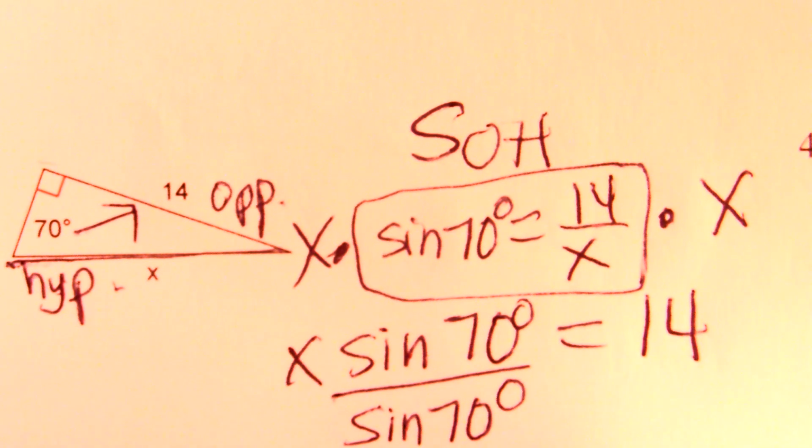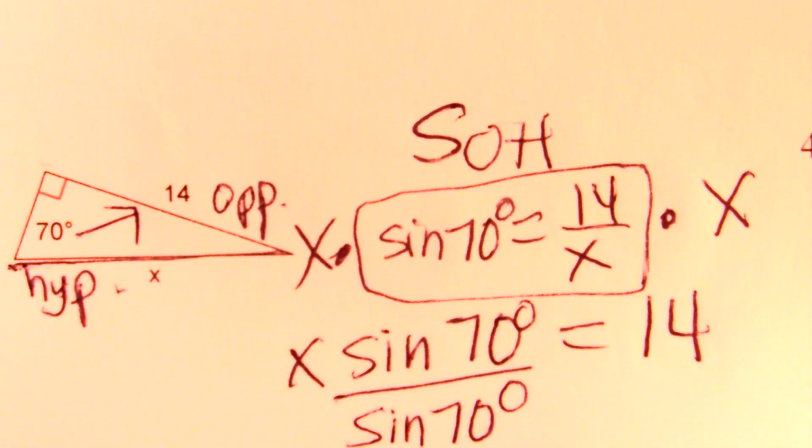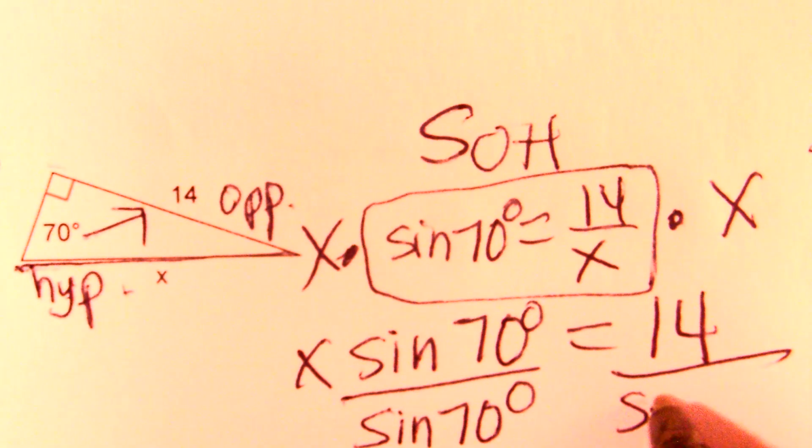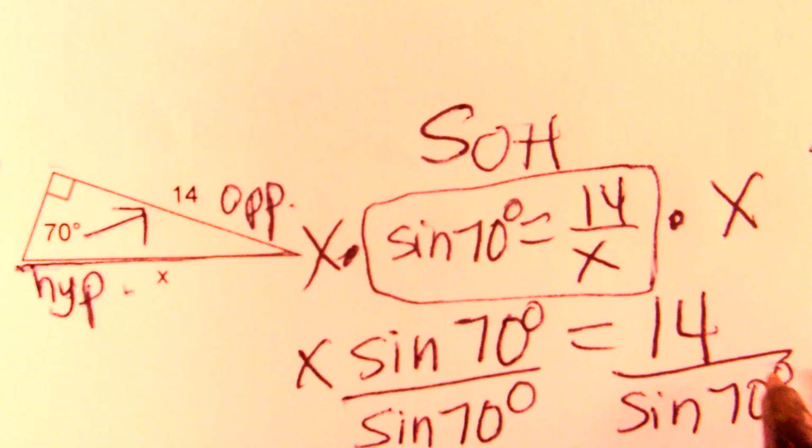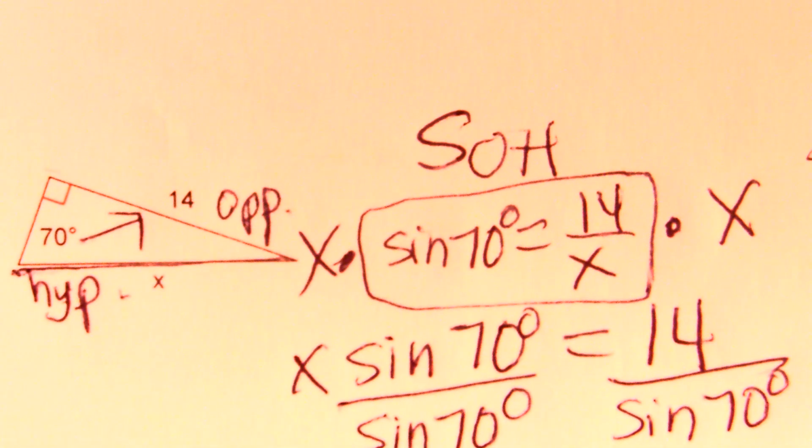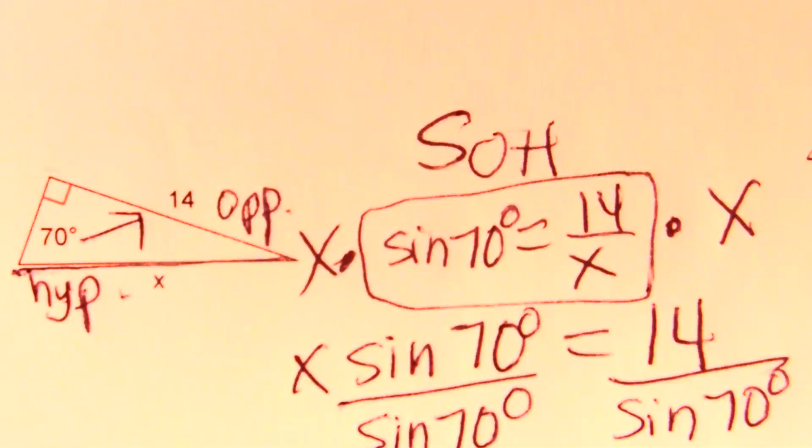X is approximately, so both sides by sine of 70. 14 divided by sine of 70. Okay, the 9 makes the 8 a 9, 14.9.